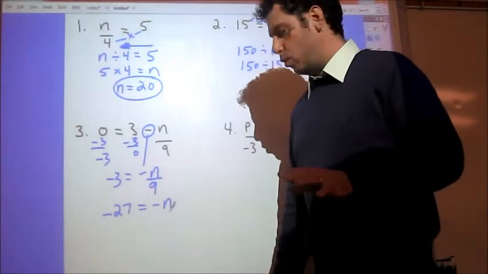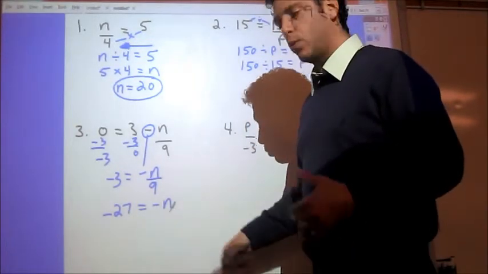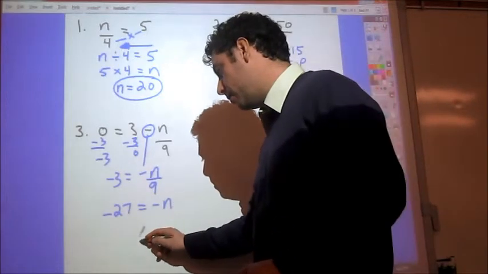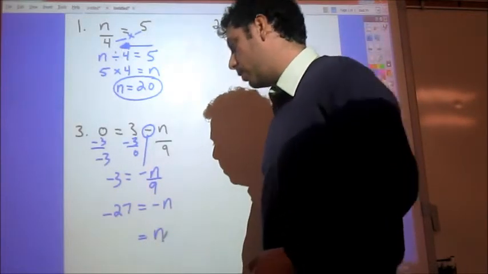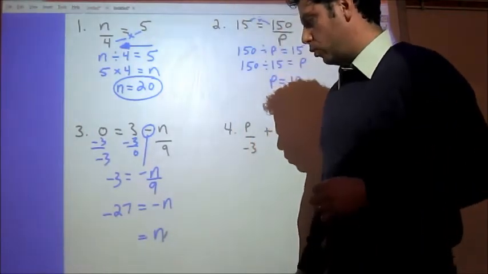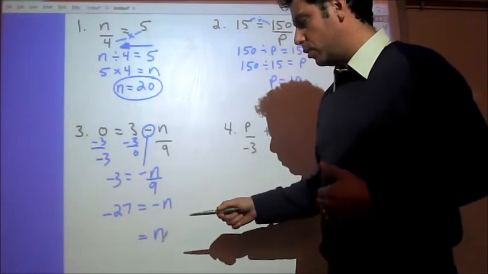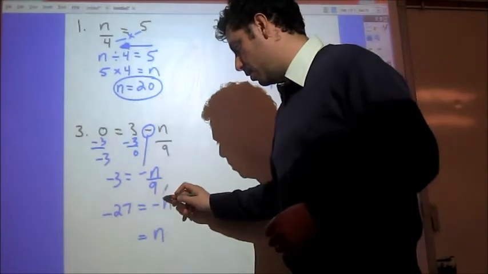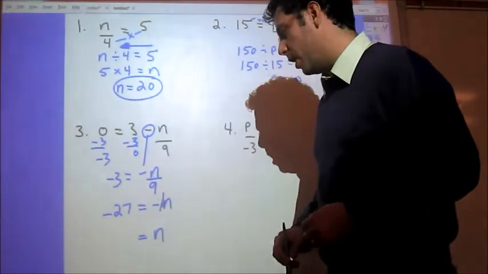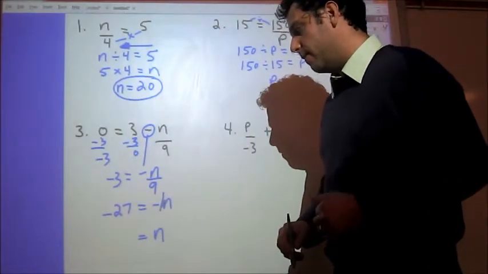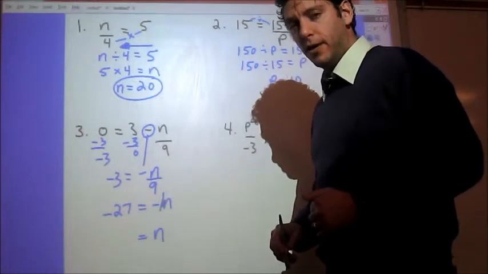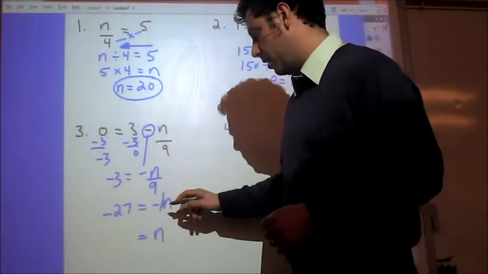Now, we know what negative n is, but we're interested in what n is. We want to know what n is. Now, if there's a negative in front of the variable, you can imagine that it is a negative 1 in front of the variable term. Okay?